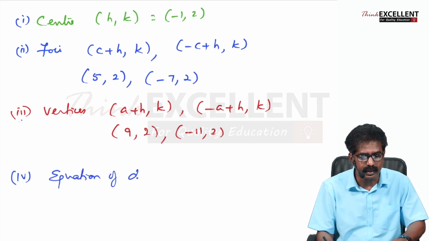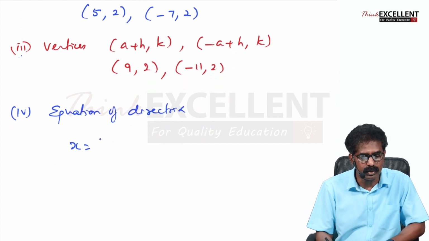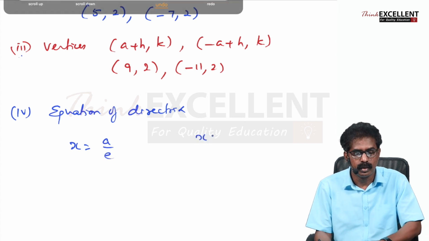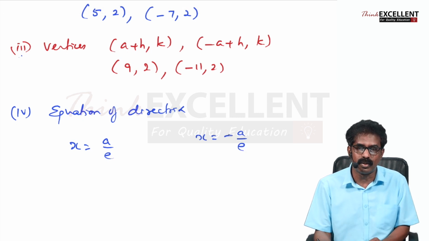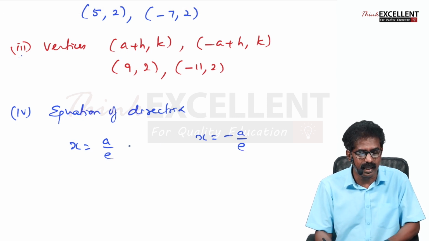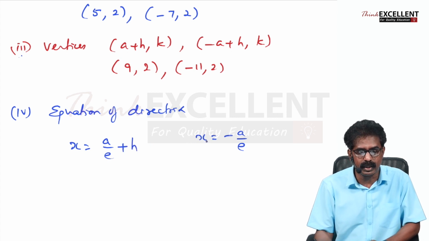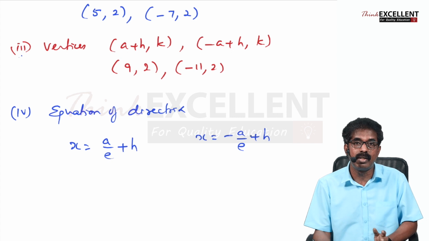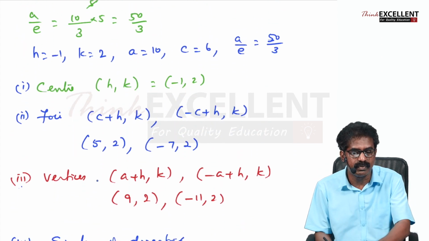And the last one, equation of directrix. First type, so equation of directrix is x equal to A by E and x equal to minus A by E if the center is 0 comma 0. Here it is H comma K. So since it is X value, add H. Both are X values, so add H. If it is Y value, add K. That's all. Now substitute A by E. A by E is 50 by 3.